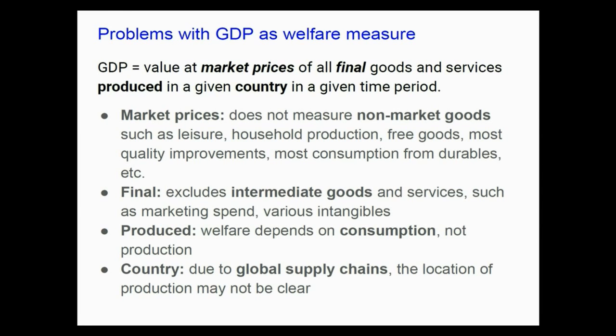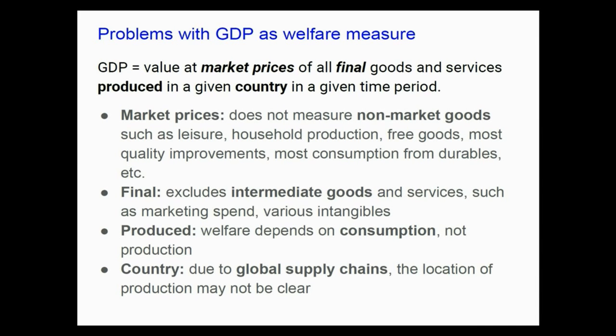Lots of consumption from durables is not correctly accounted for in the sense they should be, housing being an exception. Final means we exclude intermediate goods, marketing spend, and various kinds of intangibles like design and trade secrets and all sorts of practices that are very important.